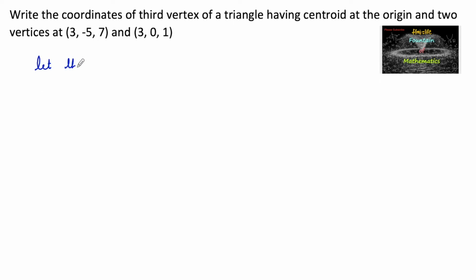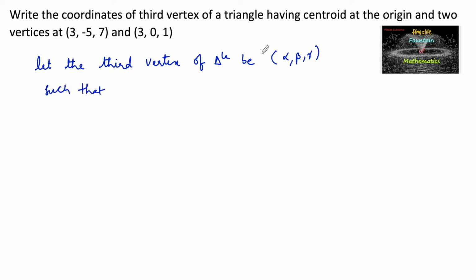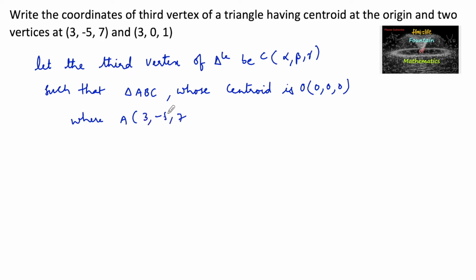So let the third vertex of triangle be alpha, beta and gamma, say this is the vertex C, such that triangle ABC whose centroid is origin 0, 0, 0, say O, where let us consider point A is 3, minus 5, 7 and B is the point 3, 0, 1.